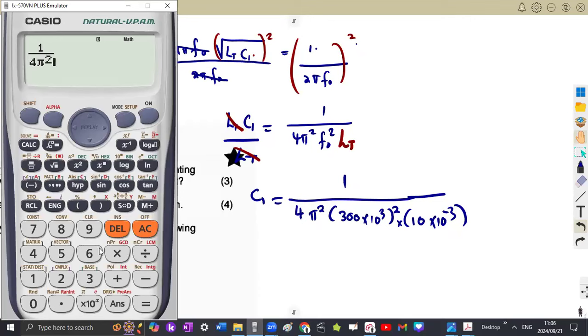So on our calculator, that is 1 over, pi squared times, open bracket, 300 times 10 to the exponent of 3, close the bracket, raised to the exponent of 2, then multiplied by 10 times 10 to the exponent of -3. So this is what you're going to have.